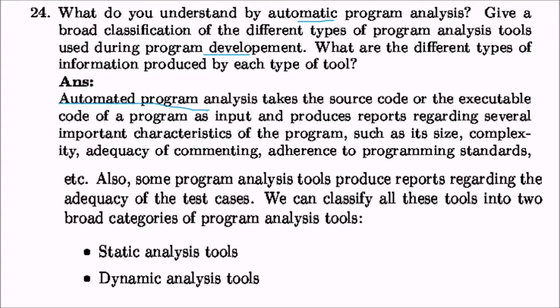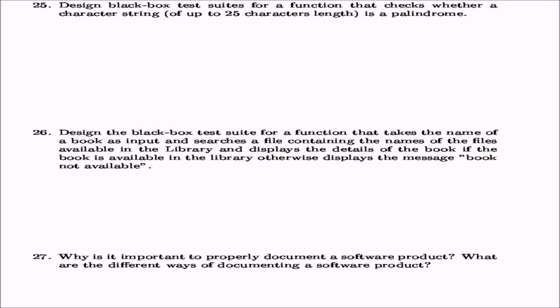Automated program analysis takes the source code or the executable code of a program as the input, and it produces reports regarding several important parameters and characteristics of the program, such as its size, complexity, adequacy of the commenting, adherence to programming standards, etc. Some program analysis tools also produce reports regarding the adequacy of test cases. So we can classify all these tools into two broad categories of program analysis: one is static analysis tools and the other is dynamic analysis tools.